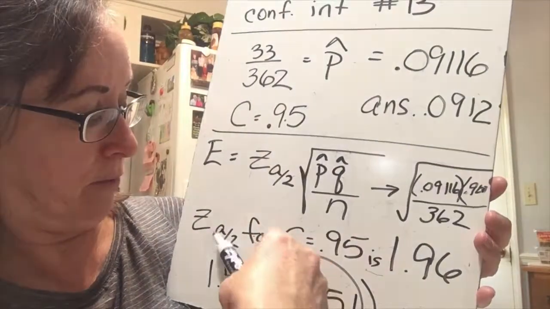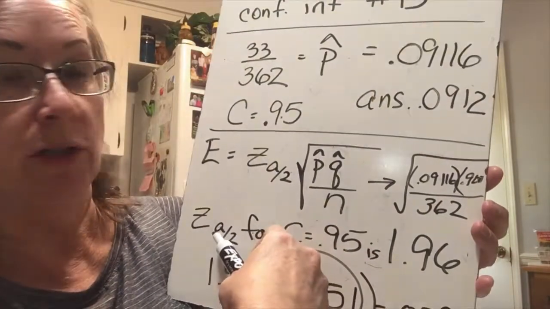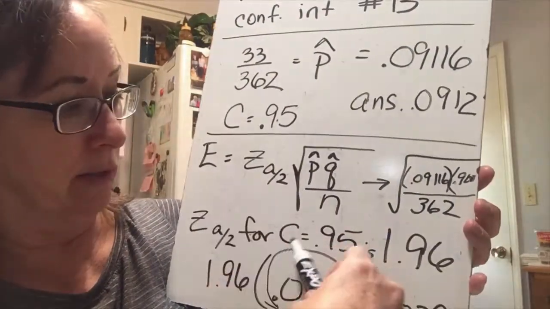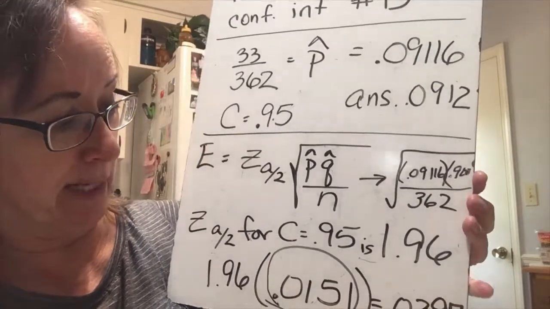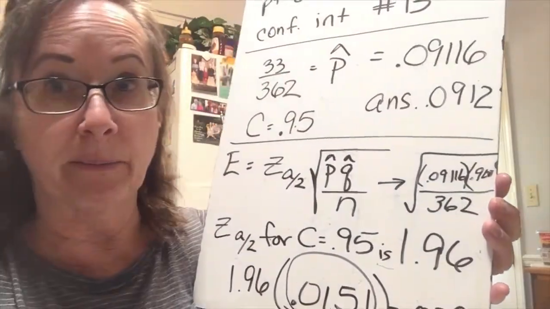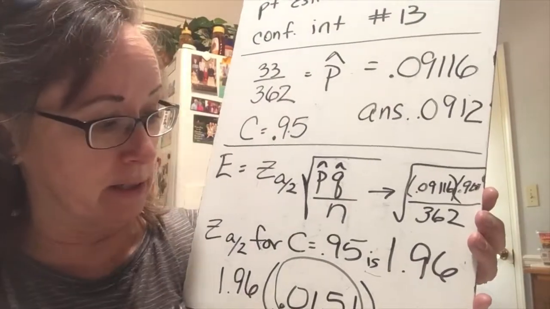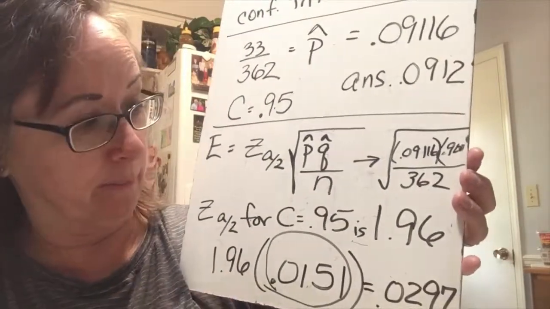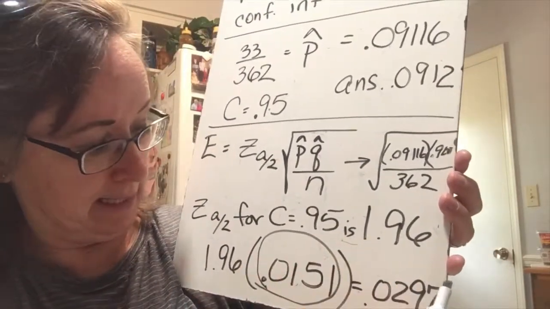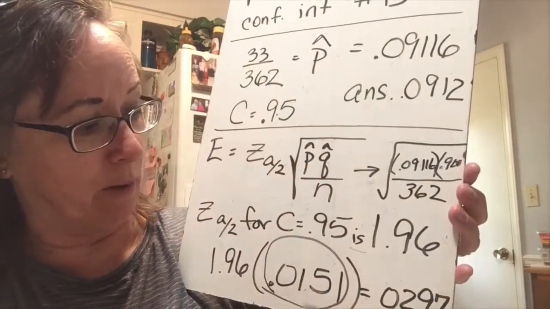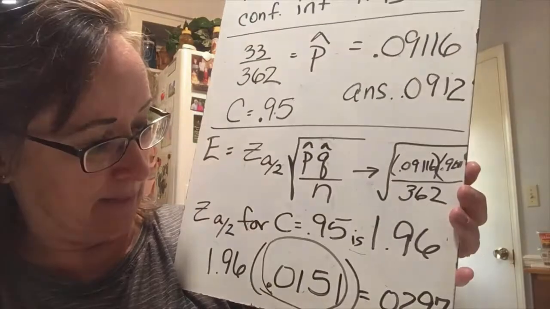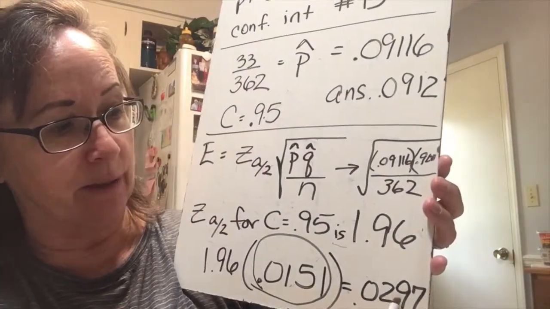The z alpha over 2, which is your two-tailed critical value, is going to be 1.96 for 95%. Those are found on the bottom, that little bitty chart that I've been showing you over and over. So I take the 1.96 and multiply it by this square root value, and I get 0.0297.